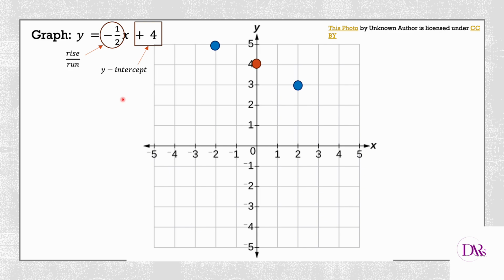So I'm going to go down 1 and to the right 2. Once I have that, I draw my line through it, and I have graphed the equation y equals -1/2 x plus 4. I hope this helps.